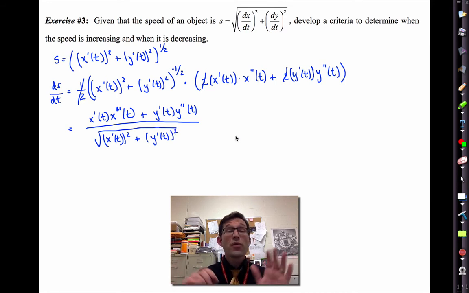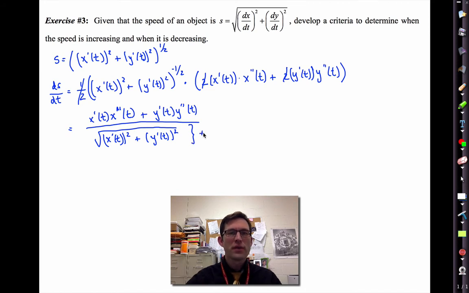All right, so there's the derivative of our speed function. Now, we know how derivatives work, right? If the derivative is positive, that speed function will increase. If the derivative is negative, it will decrease. And yet, still, I want something nicer. So what I'd like you to do is take a look at this.